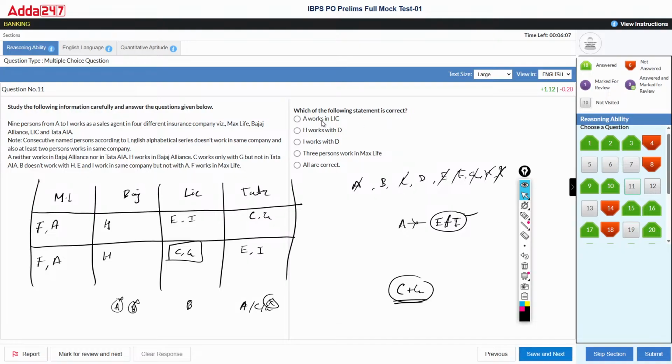I see H works with D. Okay. So D cannot be here, right? D cannot be here. So B cannot be here. So B and D both can be here, right?